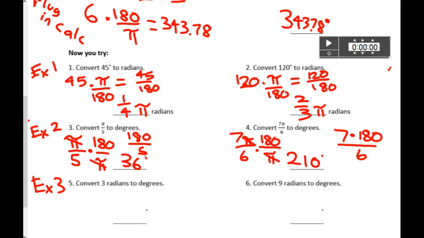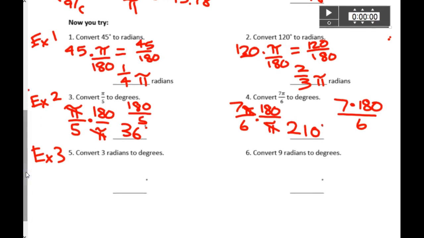All right, example 3. Radians to degrees again, except we have a whole number with no pi. That's like example 3. So we're just going to do 3 radians, 3 times 180 over pi. Just type it in the calculator. 3 times 180 divided by pi gives me 171.89 degrees.